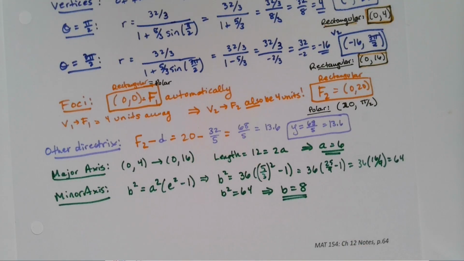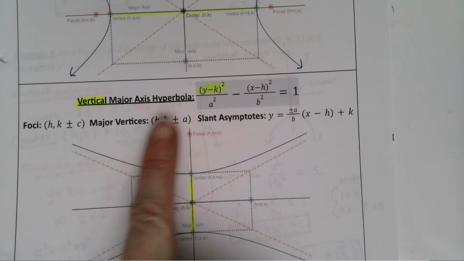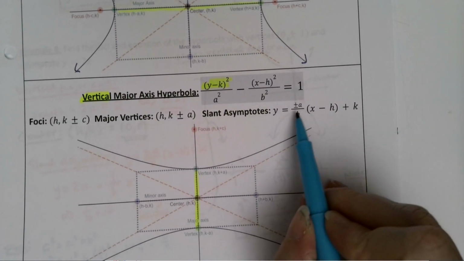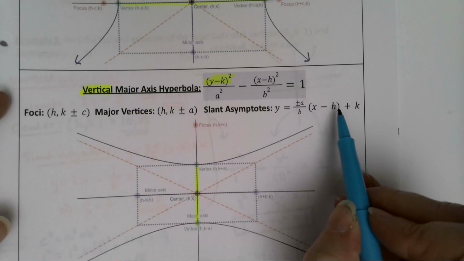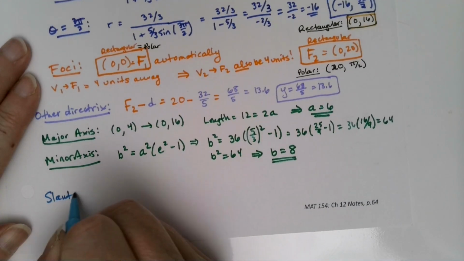Wonderful. Now, how has this helped me? Well, because we have formulas for the asymptotes. The slant asymptotes of a vertical major axis hyperbola would be y equals plus or minus a over b, x minus h, plus k. So I got to write that.